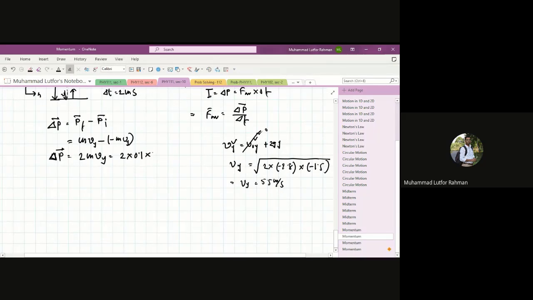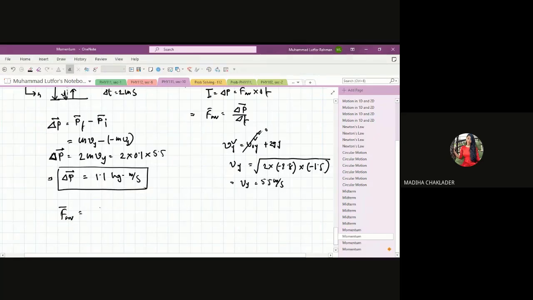If you write that 5.5, then your delta P would be 1.1 kg meter per second. That is the change of the momentum. If I know the change of momentum, then I will be able to find the average force on that system. Sir, I have one question.